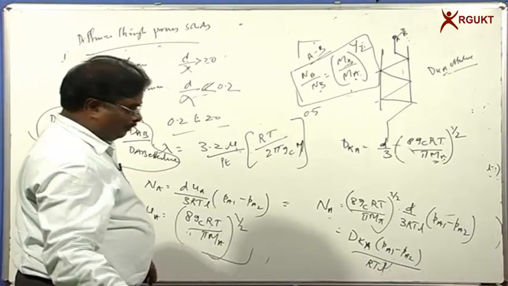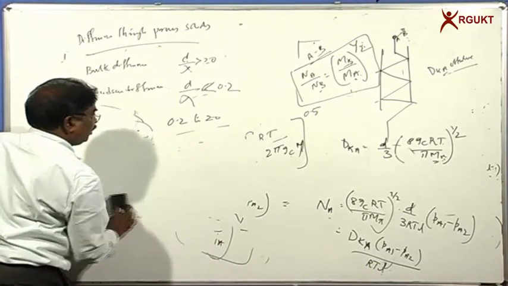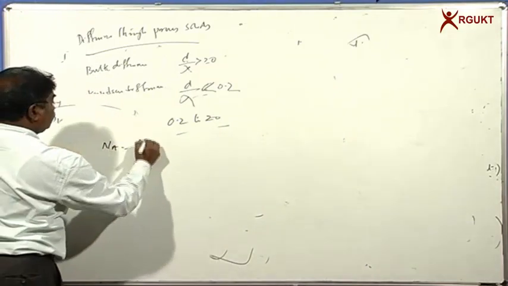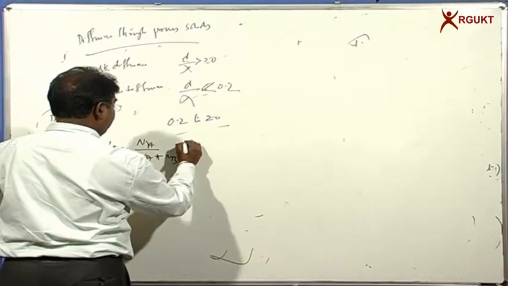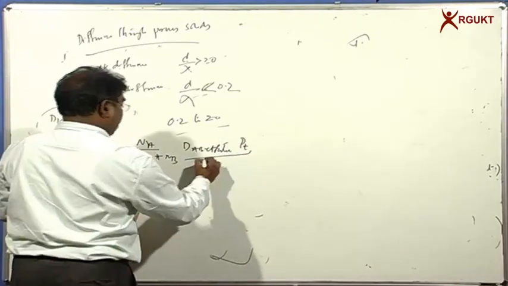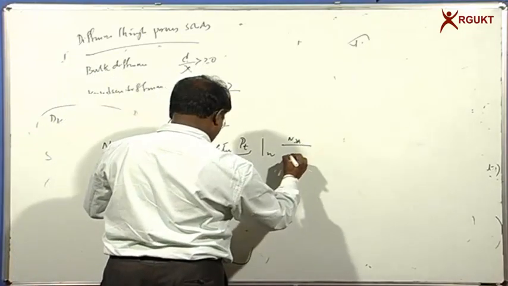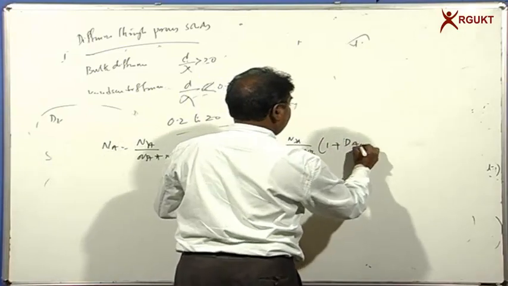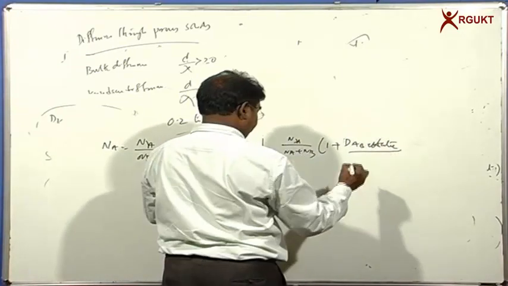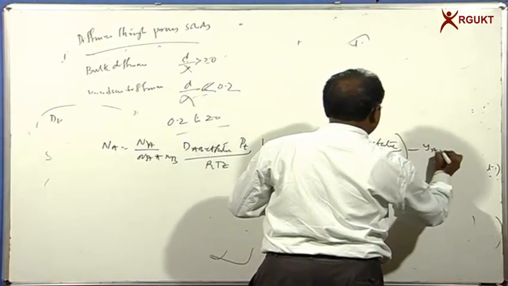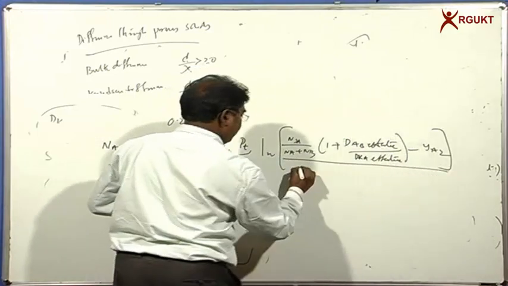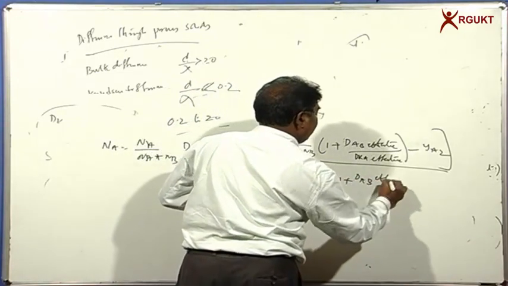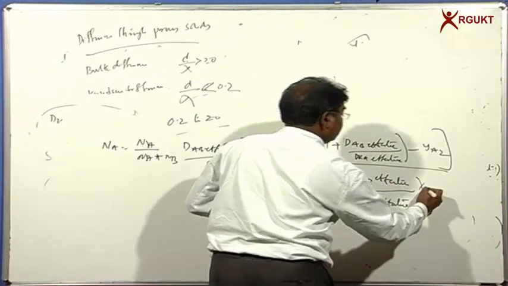So when you talk about the system where d by lambda values are between 0.2 and 20, then the flux Na is equal to Na by (Na plus Nb), DAB effective, PT by RTZ, ln of [Na by (Na plus Nb) into (1 plus DAB effective divided by DKA effective) minus Ya2] divided by [Na by (Na plus Nb) into (1 plus DAB effective by DKA effective) minus Ya1].